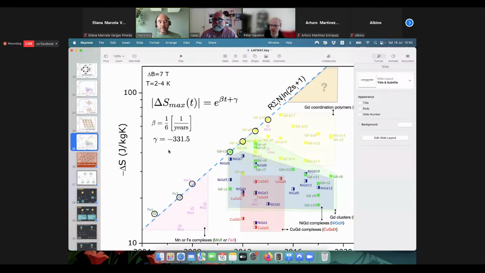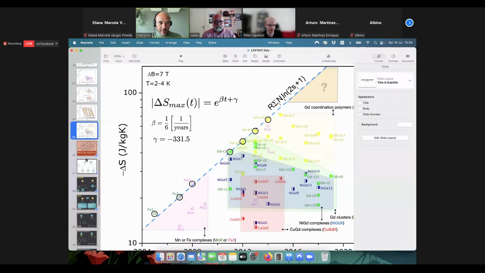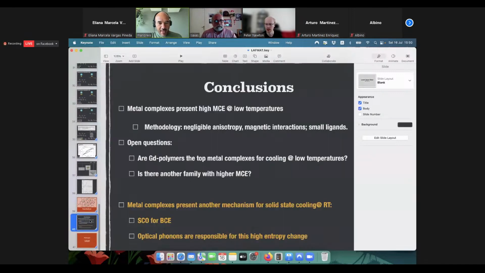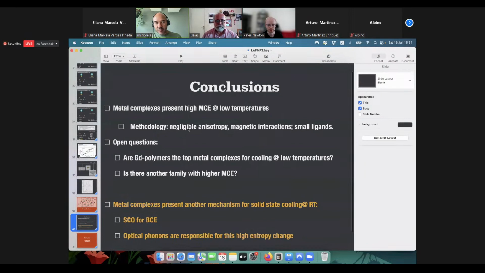Well, I didn't discuss this topic. I skipped this point. There are some methodologies to achieve the highest entropy change. To achieve the highest value, the material needs a negligible anisotropy, negligible magnetic interaction, and the smallest ligands.